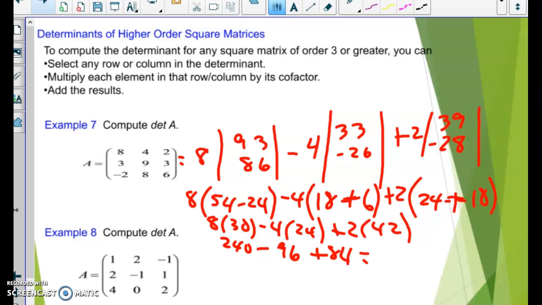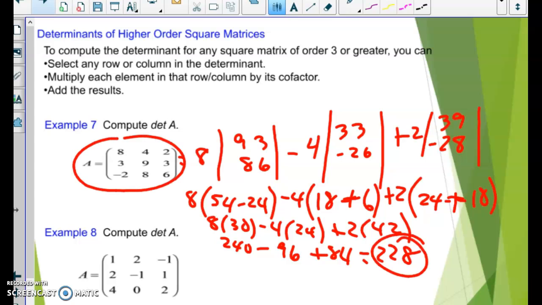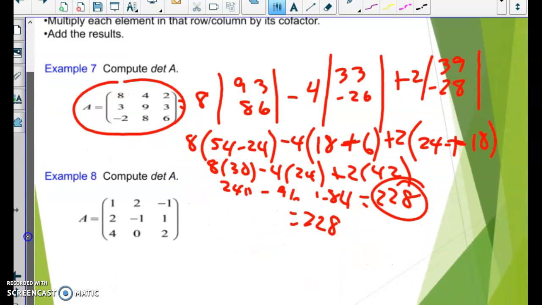And that gives me the determinant of this matrix A. I would say DET A, or I could say A with the absolute value, both the same notation, is equal to 228. Okay? All right.